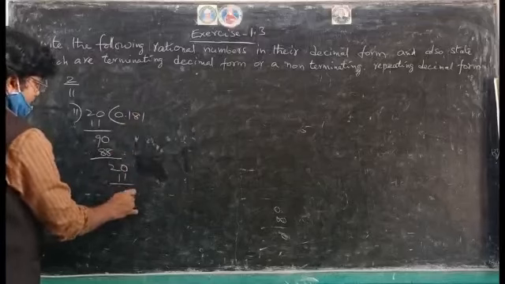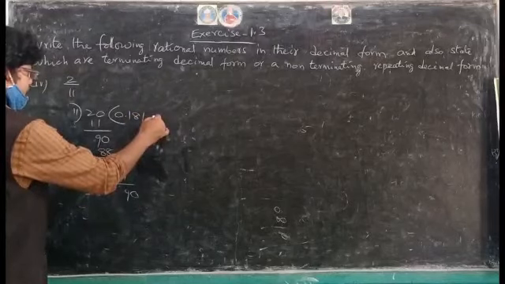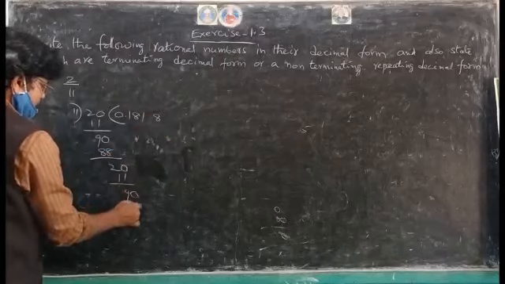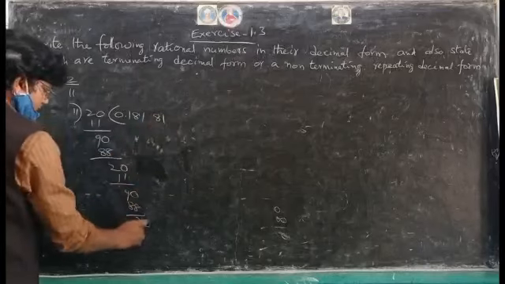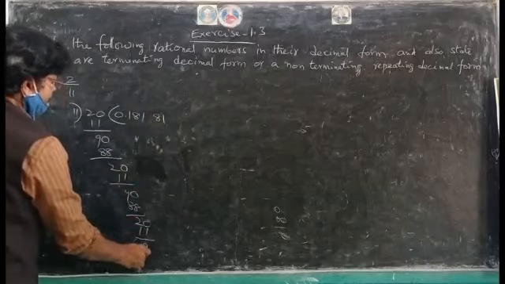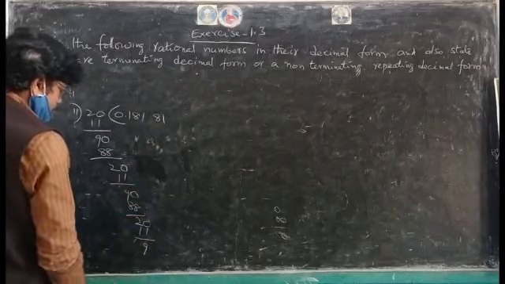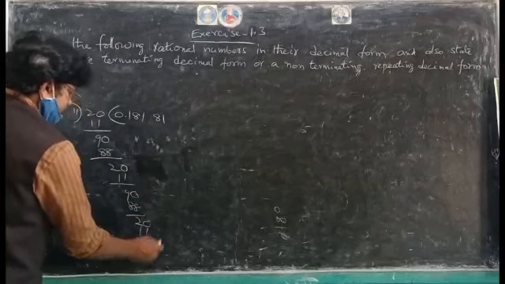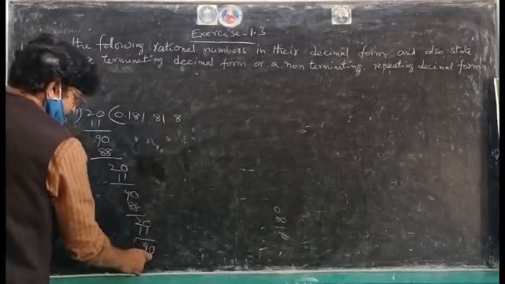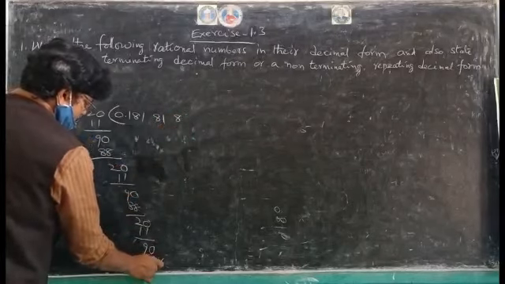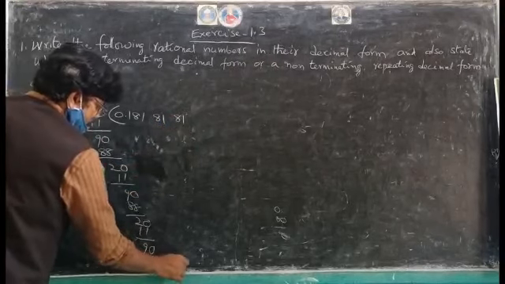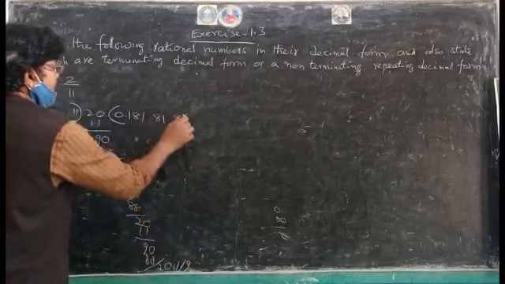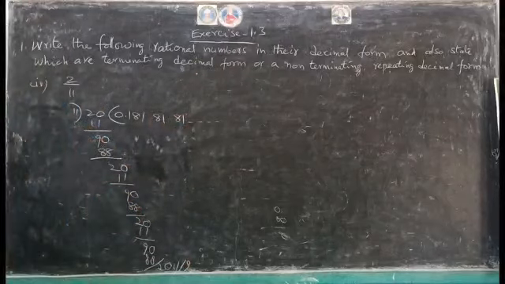Again 9, 90. 8 11s are 88. 2, 20. 9. Again 90. 8, 88. 2, 20. 11. 9. 81, 81 is repeating.